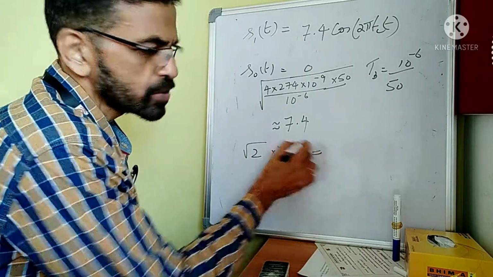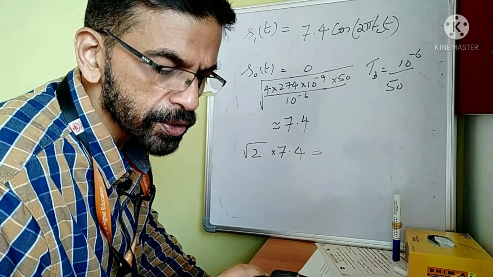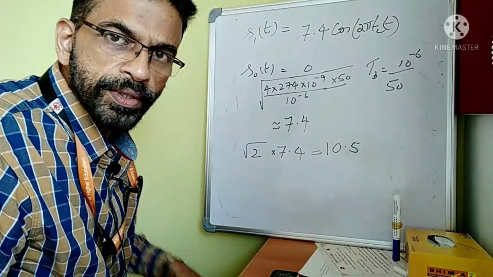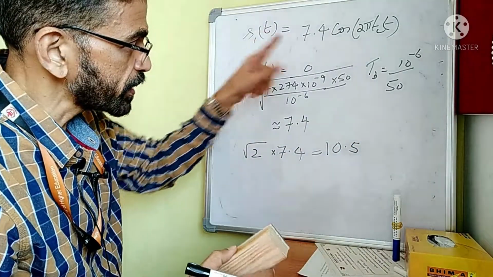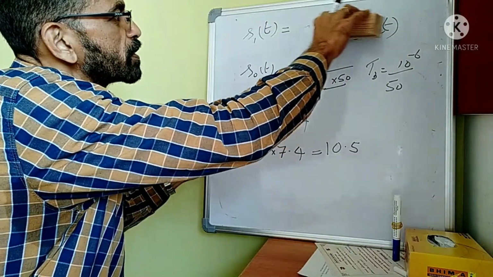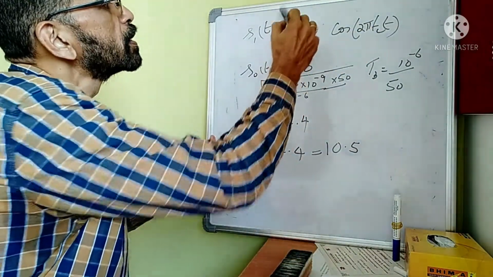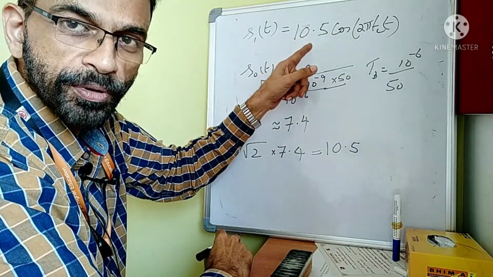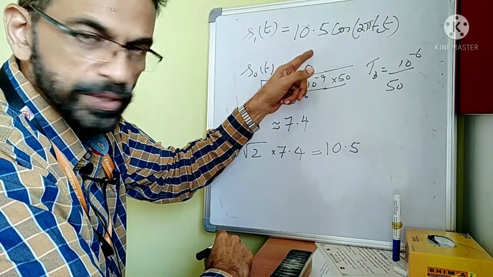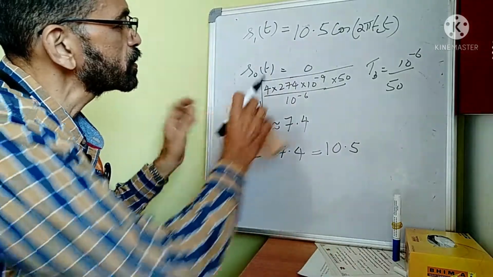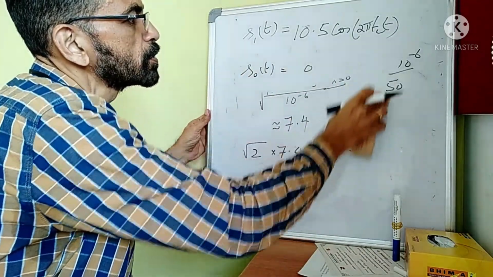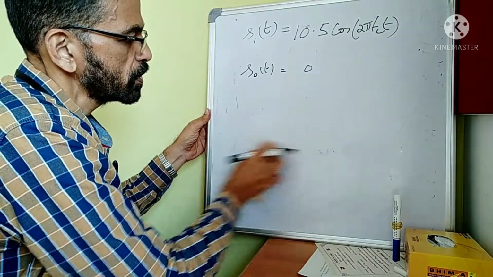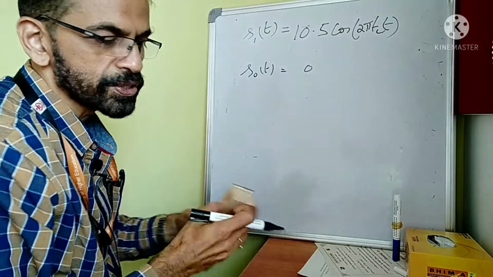And this is again, to a certain degree of approximation, 10.5. This means that the transmitted signal has to have an amplitude of at least 10.5 for S1(t), and of course S0(t) is 0. So this completes the solution.